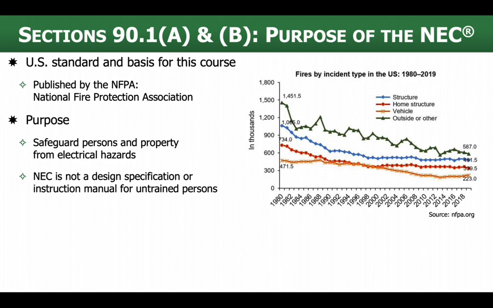It's not to help you design awesome systems and install them fast and make a better profit margin on them. Right? It's not a design manual. It's not something you can read as an untrained person and learn all about solar electric or, for that matter, any other kind of electrical system. Right? So it's very important to keep that in mind.